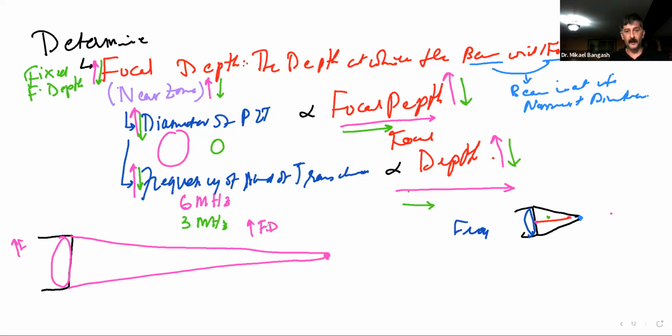Whereas on the other hand, if we said a small PCT and or a lower frequency, it will cause this beam here to focus at a shallower focal length or at a shallower depth, which will mean that we will have a lesser focal depth.